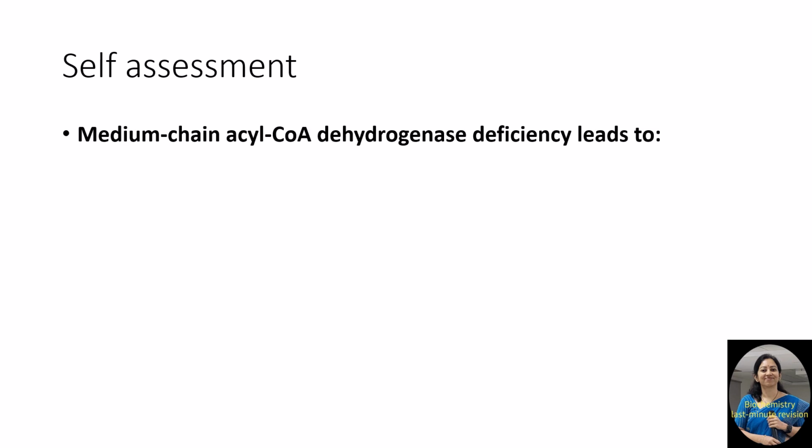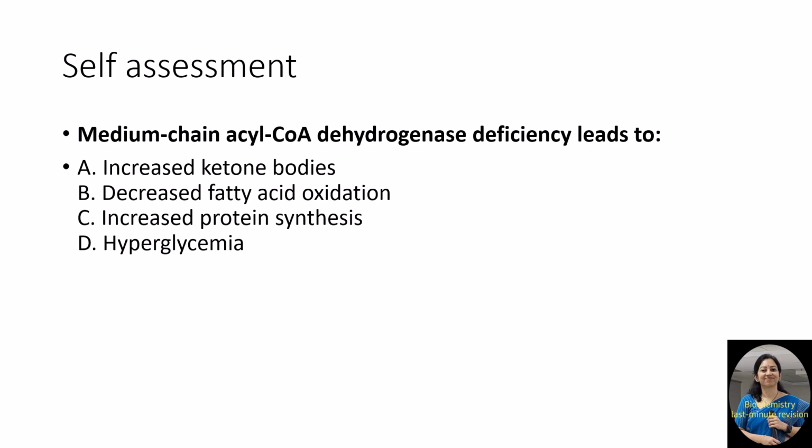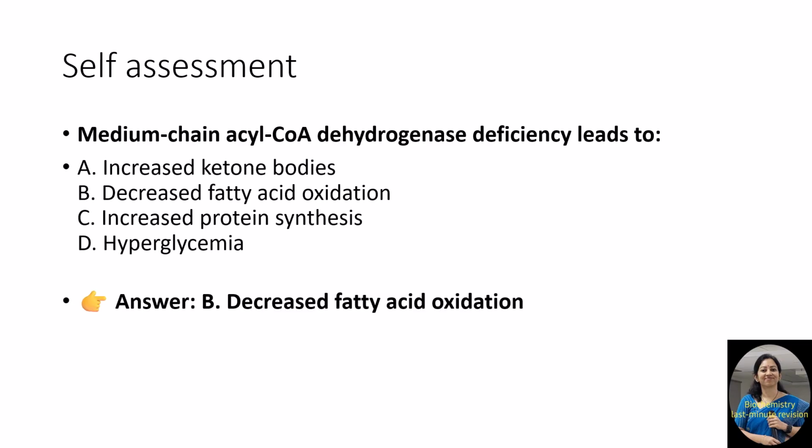Medium chain fatty acyl CoA dehydrogenase deficiency leads to what? Decreased fatty acid oxidation. Now we know that medium chain fatty acids directly enter from the cytoplasm to mitochondria for oxidation, and there are 4 steps in the oxidation of fatty acids in the mitochondria: first FAD dependent oxidation, then hydration, then NAD dependent oxidation, and then the cleavage.